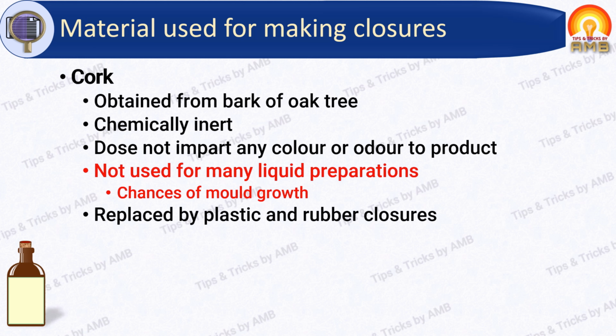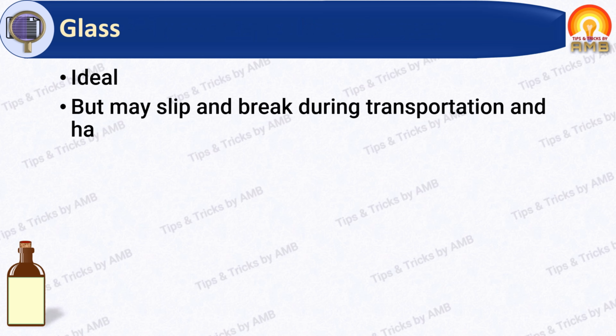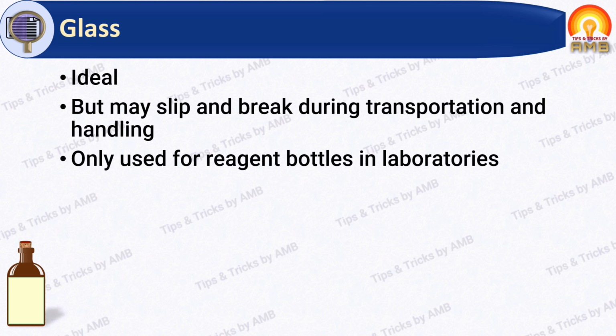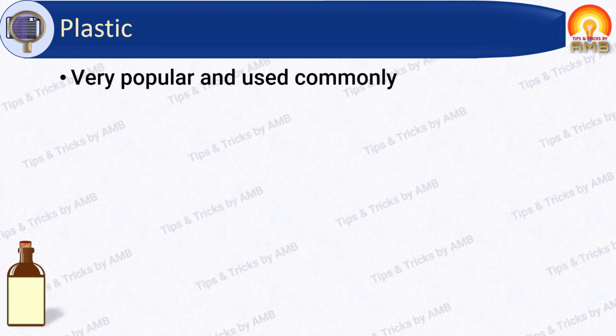The next material is glass. Glass closures are ideal, but they may slip and break during transportation and handling. Now, these are only used for reagent bottles in laboratories. Closures can also be prepared by plastic. Plastic closures have nowadays become very popular and are used commonly.